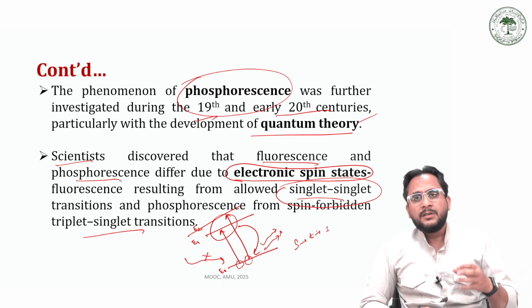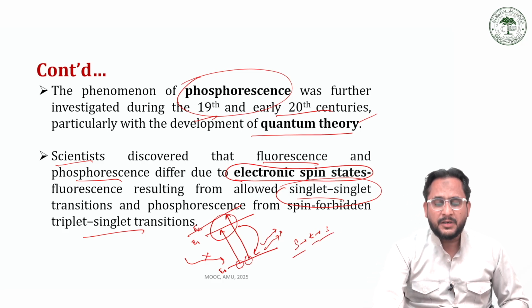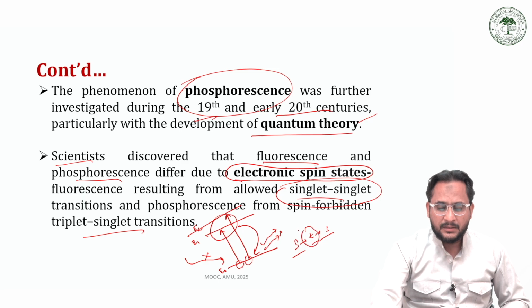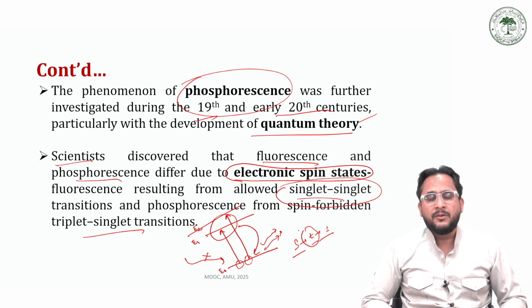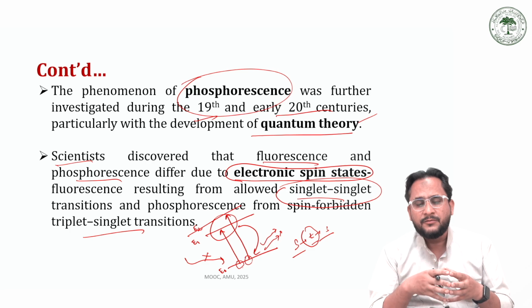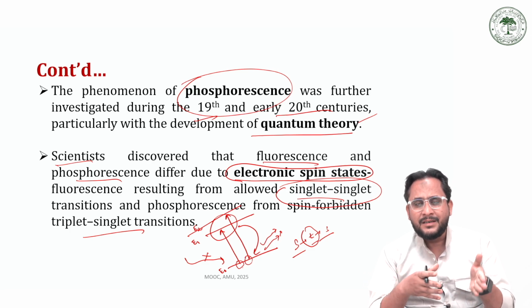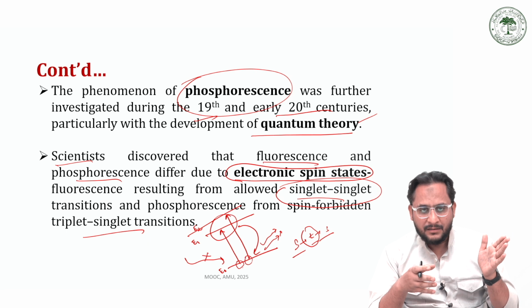The triplet state is a long-lived state. Therefore, in case of phosphorescence, the substance continues to emit light even after the incident light is cut off.